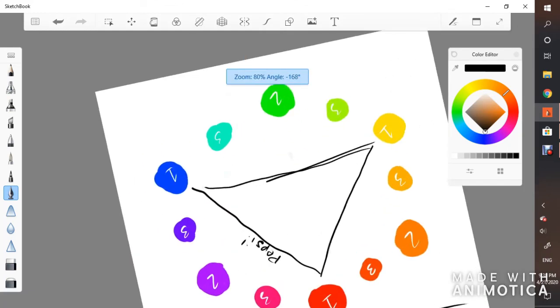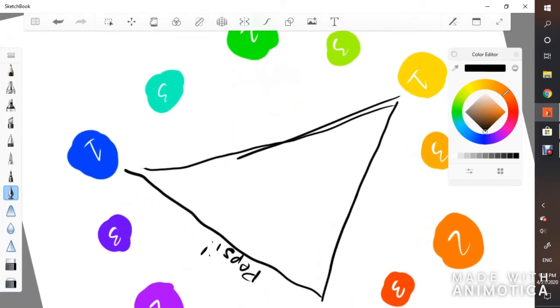On this side of the triangle, there's a flag out there. I don't remember this exact flag's name, but this flag here has yellow and blue on it. So, yeah.